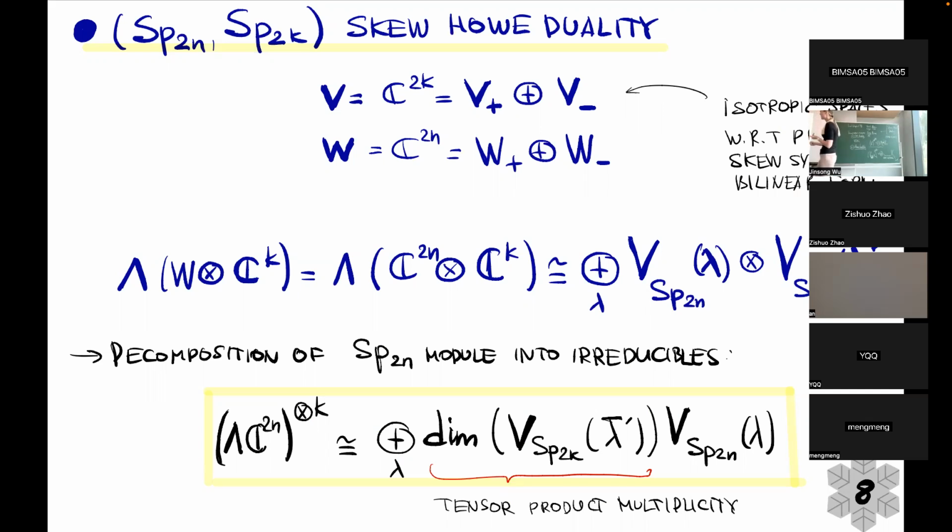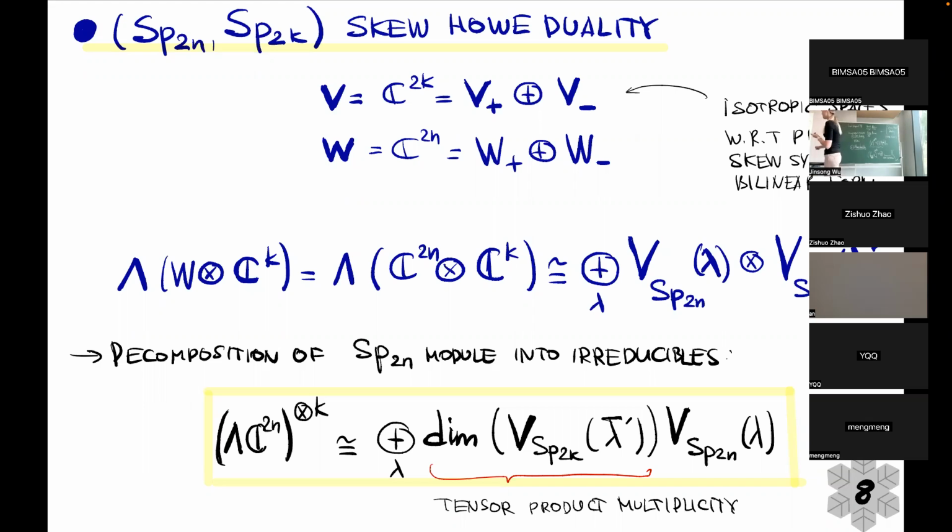So they could be described as a sum of isotropic subspaces with respect to the preserved symmetric bilinear form. Here we have the statement of this skew Howe duality. In that case, we will have the exterior algebra of the tensor product of one of those spaces times C^p. Then the skew Howe duality states that it has that multiplicity equation.